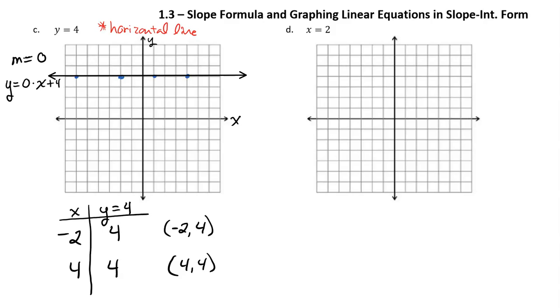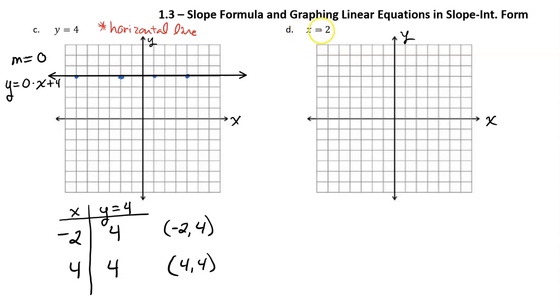Let's try this on D, because looking at example D now, my equation has changed. What's unique about this one, now I only have x is equal to 2. So now there's no y value in here at all, meaning I don't have slope-intercept form.